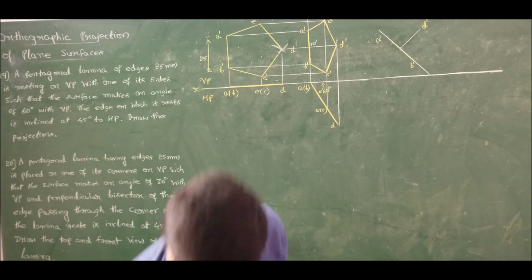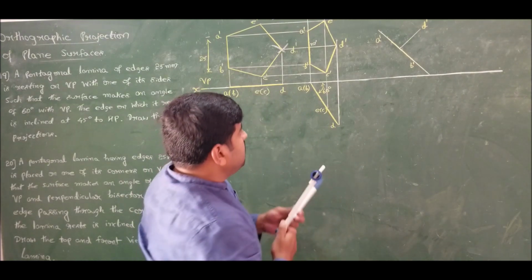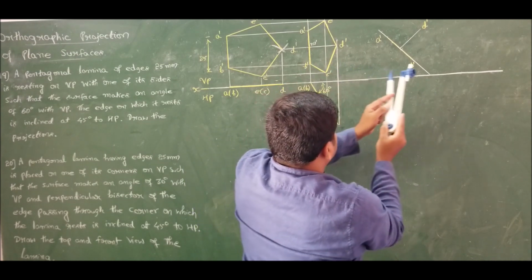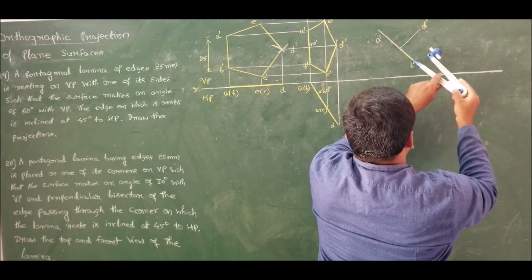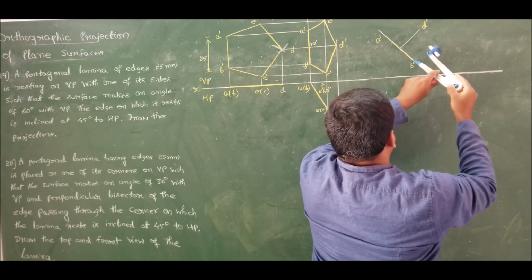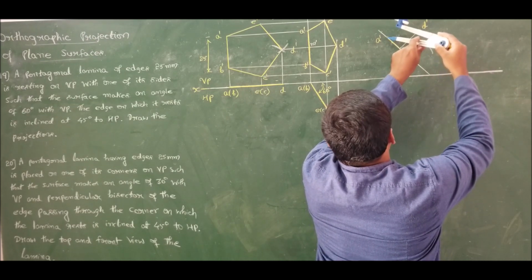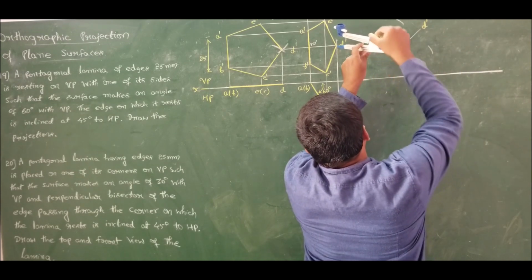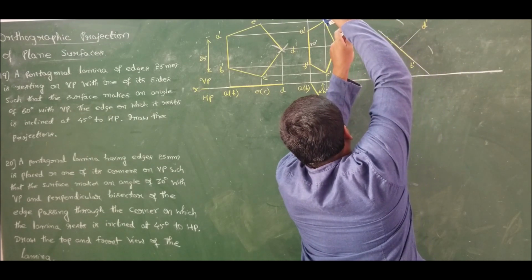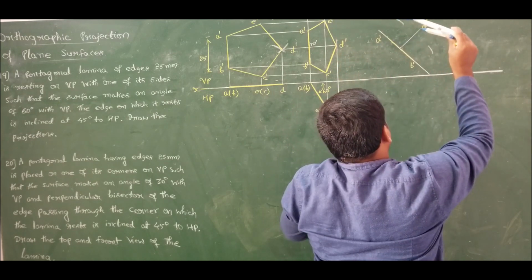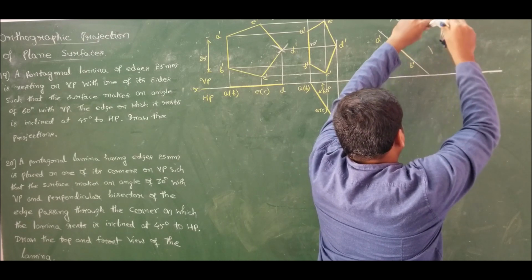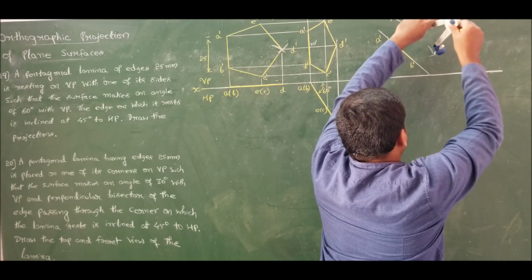So now use compass and transfer remaining points. So we have B dash to C dash. You measure. Here also we have A dash to E dash. From D dash you measure E dash and C dash.